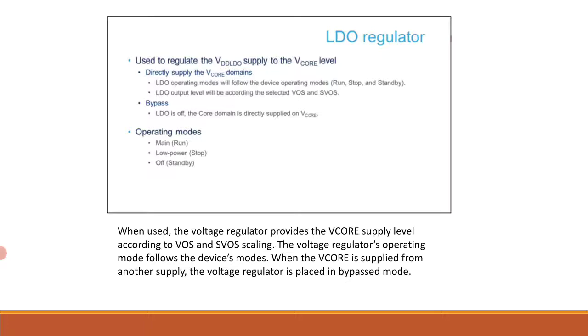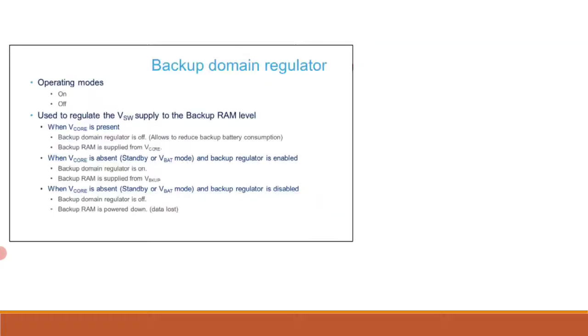So the backup domain regulator is used to keep the context of the backup RAM in standby and VBAT modes. The backup regulator is enabled by the BREN bit in the PWR register CR2, and checks its readiness before entering standby or VBAT mode.